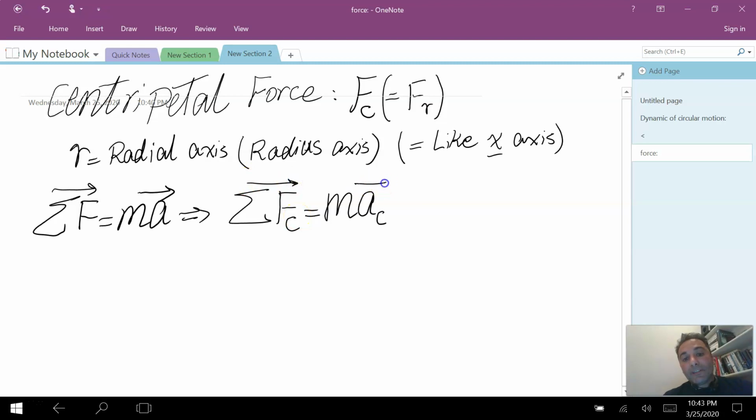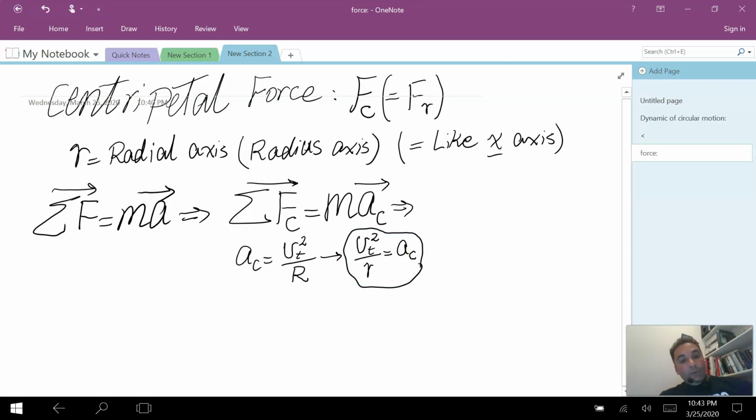So I'm going to put the vector arrow on it. Okay, therefore, guys, we know that AC is equal to what? V square, tangent velocity to the power of 2 divided by radius. If you let me, I'm going to go with little r, okay? Little r or big R, doesn't matter. Here r is the radius. Little r is also radius. Okay, radius of the circle.